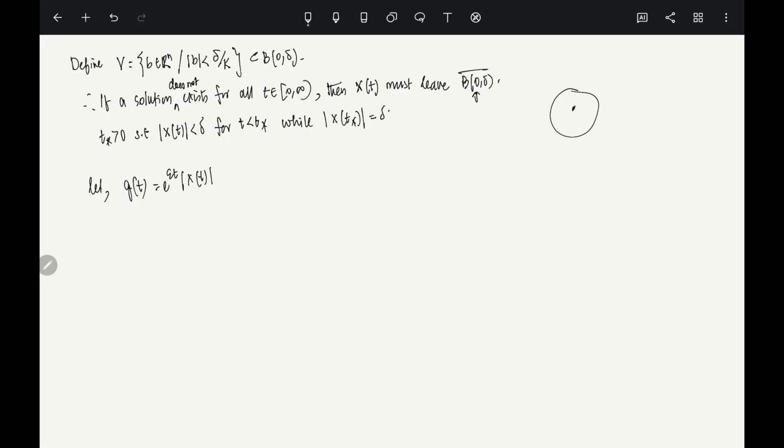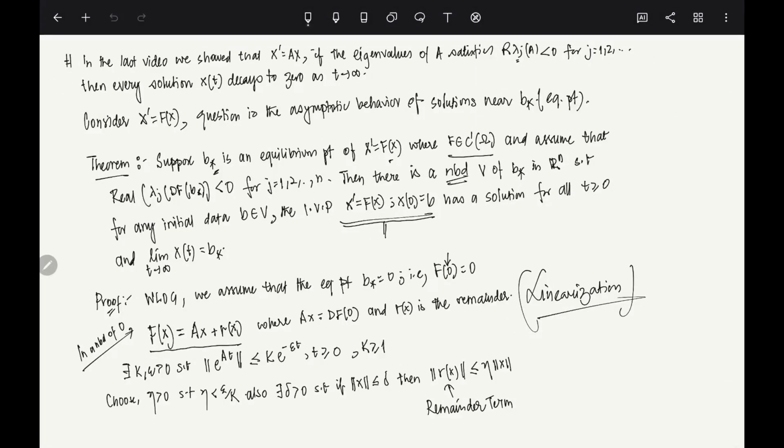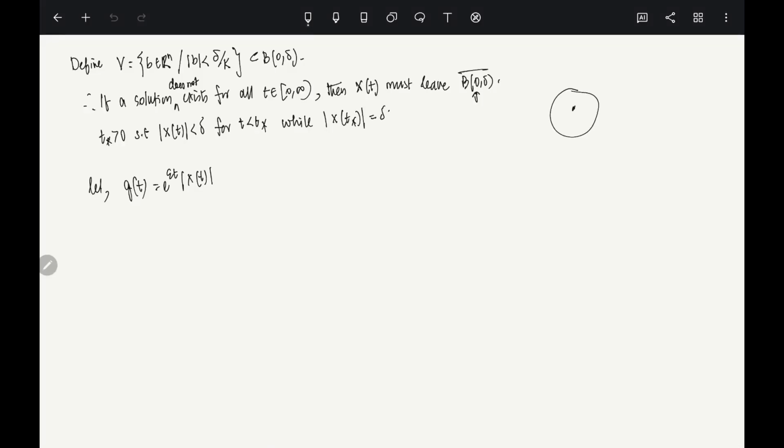Okay, so you see that equation, x prime equals f of x, x0 equals b. This equation we are going to rewrite like this. Let g of t be this, and we rewrite.